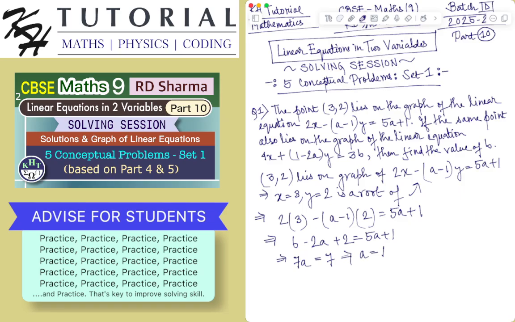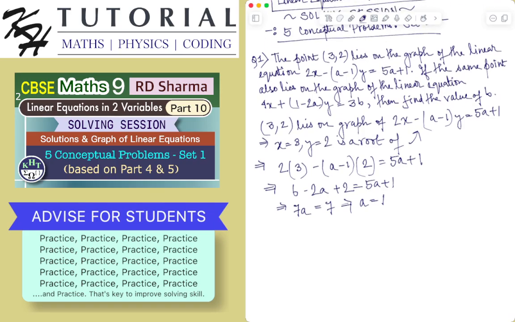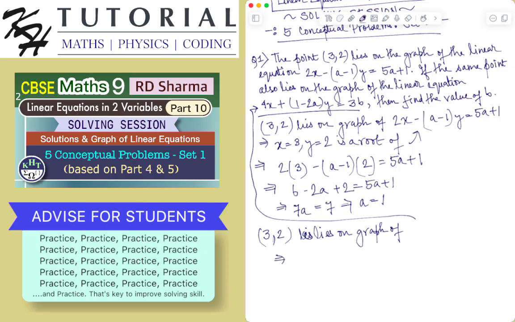Now it says that the same point (3, 2) also lies on the graph of the other linear equation. So (3, 2) will also satisfy the other equation. It is given that this point lies on the graph of this equation, so (3, 2) will be a root of this equation and it will satisfy the equation.